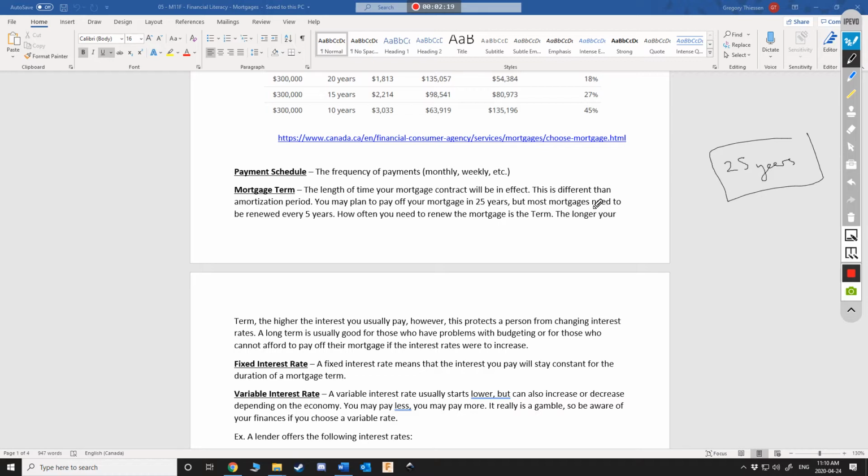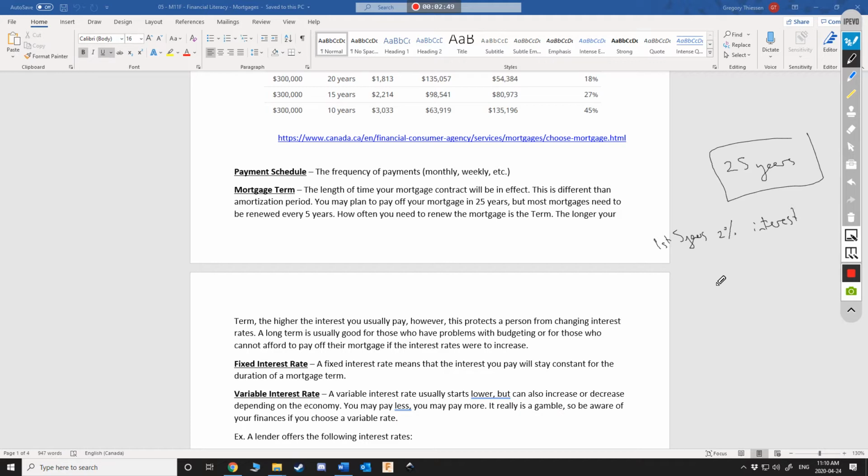So how it works is, you just started your mortgage. We're going to say it's going to take you 25 years to pay off, and we're going to lock you in at a certain value. So for the first 5 years, you're going to pay like 2% interest. When those 5 years come due, you have to renegotiate your mortgage.